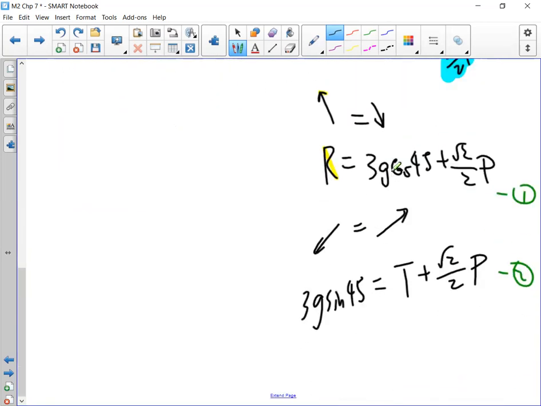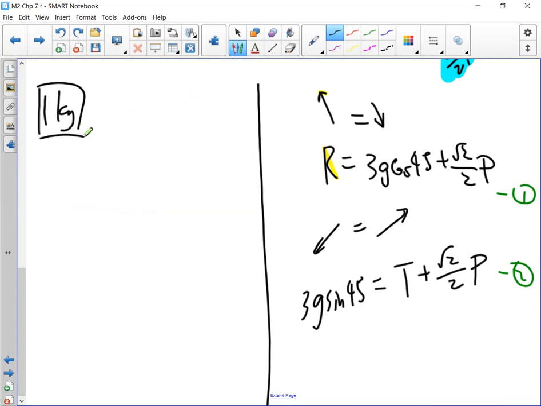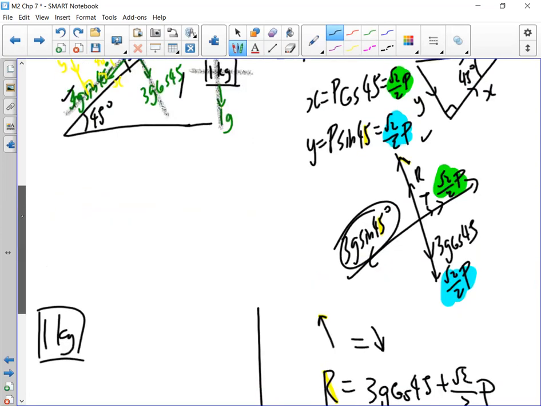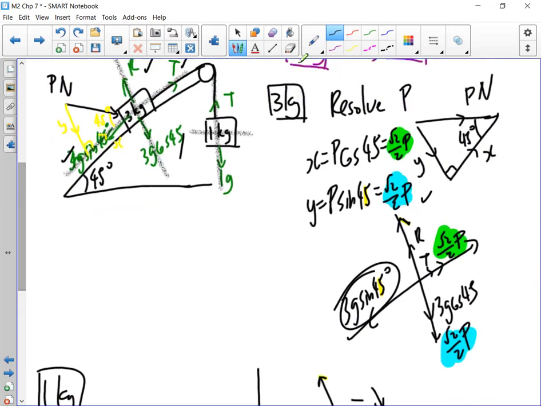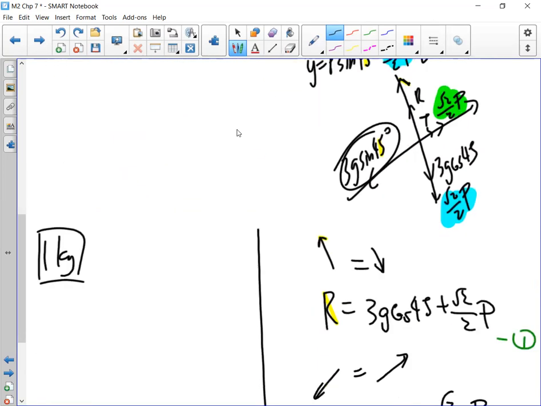Let's call for help. If you feel like you've done the mission on the 3 kilogram block, it's time to move on to the 1 kilogram block. So for the 1 kilogram block, follow the 3 steps again. Do we have to resolve any forces? Nope. Do we need a force diagram?